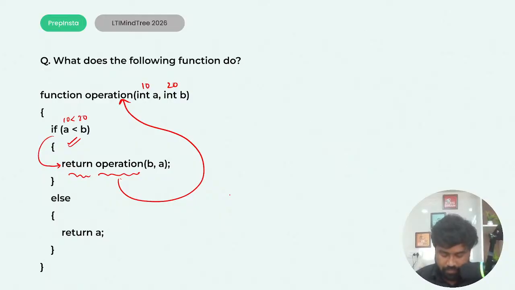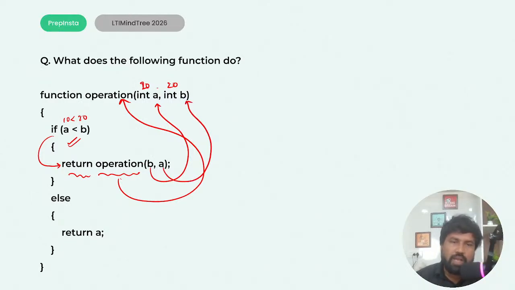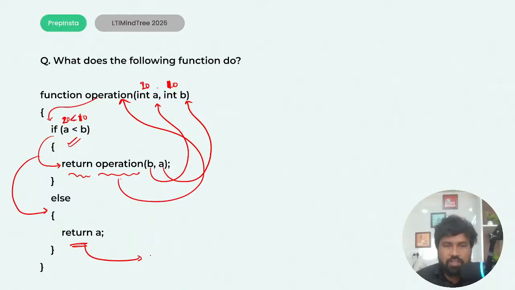Okay. So the function will be called again, and now B is passed to A. So A will be replaced by 20, and A is passed to B, so B will become 10. Now we come again into the function, and A value is 20 and B value is 10, and 20 less than 10 is false. False means it will go to the else part and return A. A value is 20.